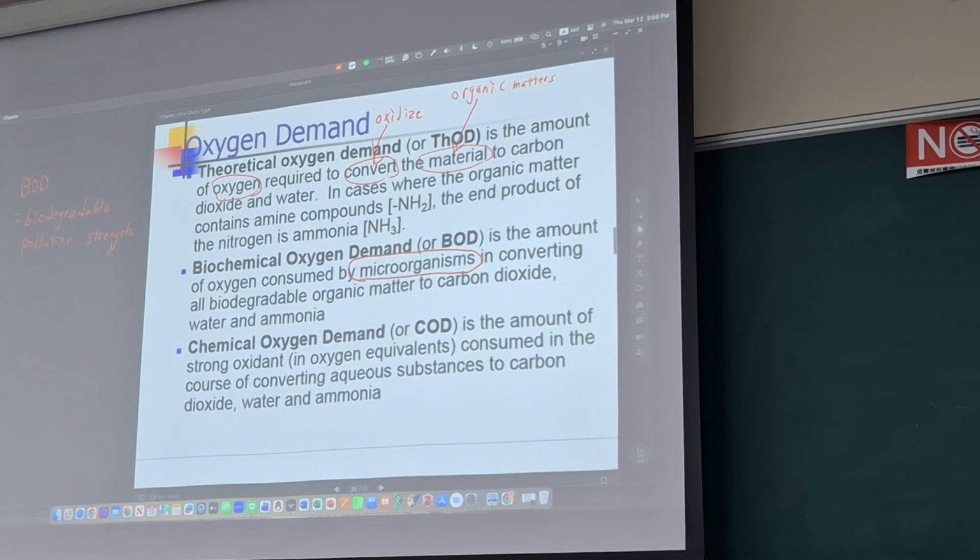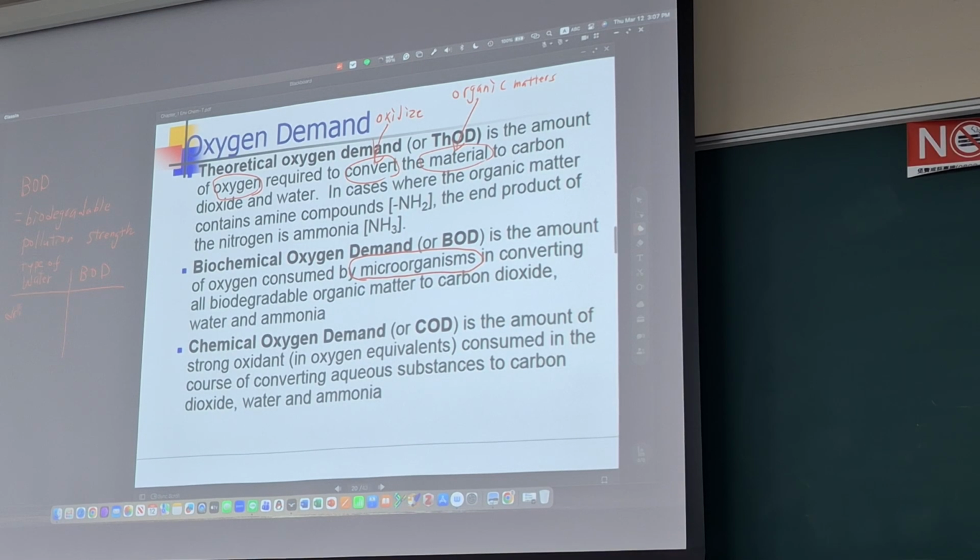So you can regard BOD as biodegradable pollution strength. For example, like the BOD value.